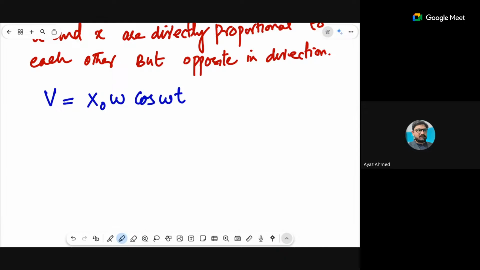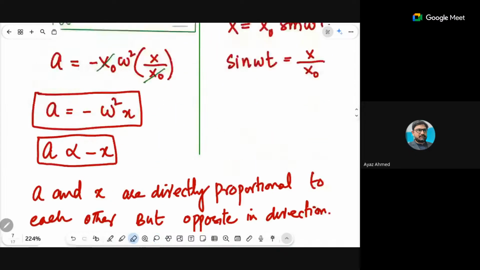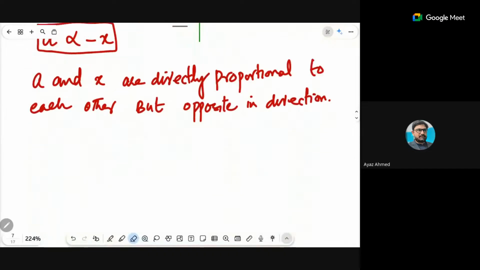In this equation, velocity is a function of time, and I want to change it. But before that, I will prefer to wind up that variation of acceleration and displacement.